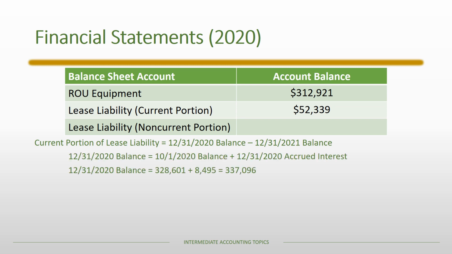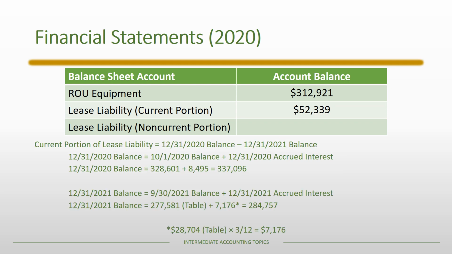We take the original account balance on 10/1/2020, and we add the amount that we accrued to the lease liability in our adjusting entry on 12/31/2020. The total account balance on this date is $337,096.